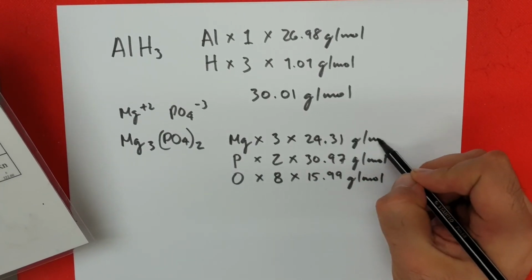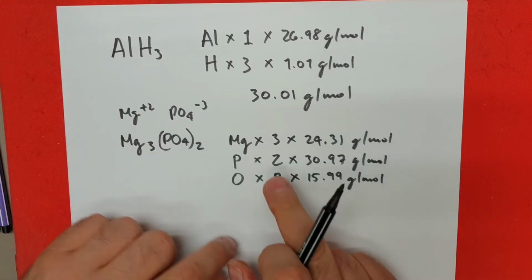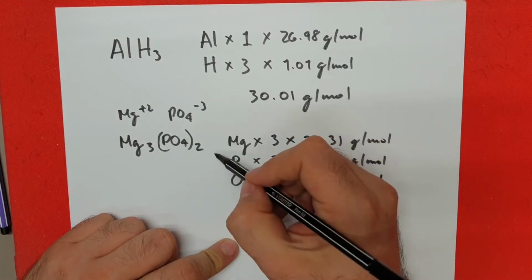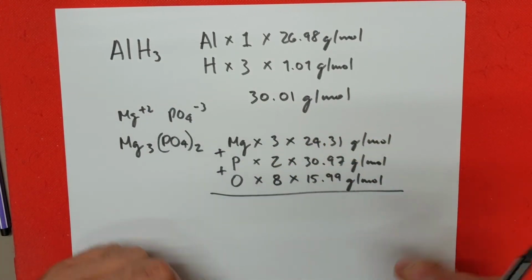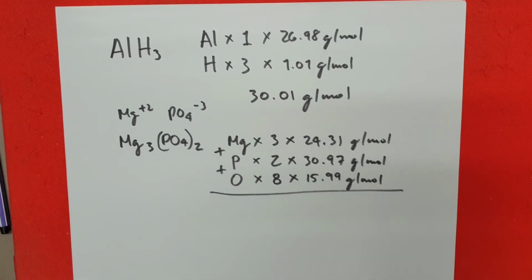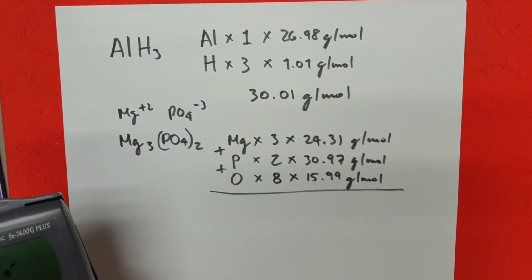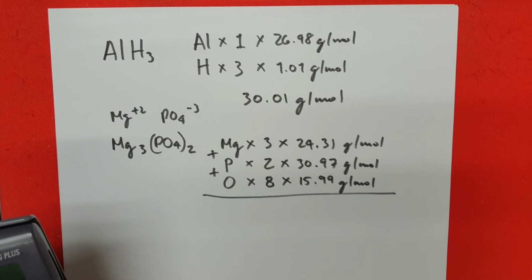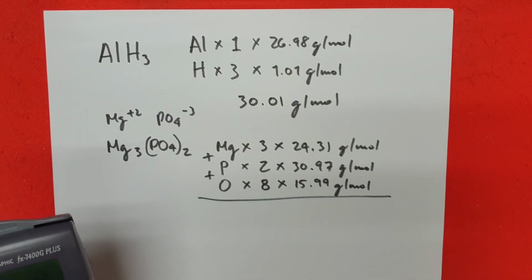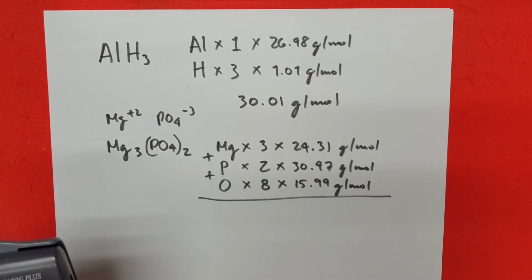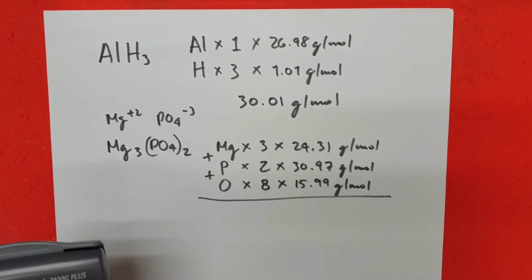So again, what we would do is we multiply everything and then we add all the independent elements together. So I take my calculator and I'm going to go ahead, 24.31 times 3 plus, remember to use your parentheses, that always helps so that we don't make any mistakes, and 30.97.